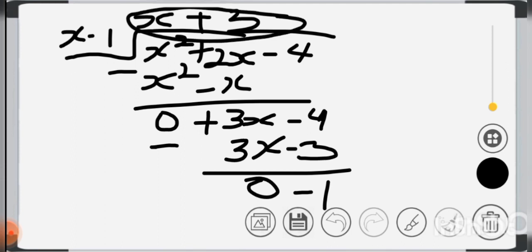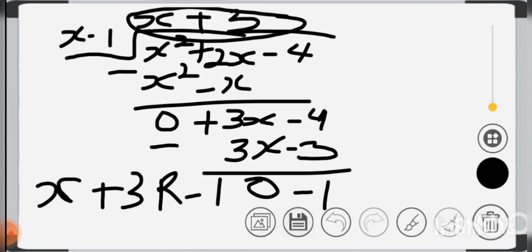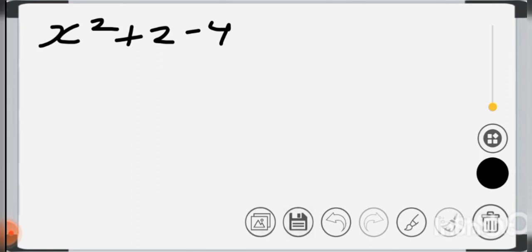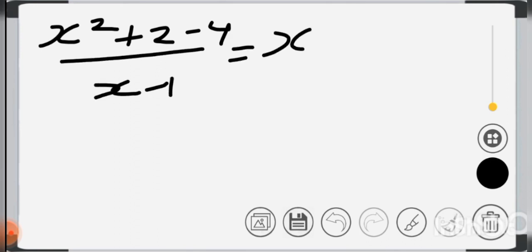So the answer to that question is actually x plus 3, remainder minus 1. That's what will be left. Or you can also write it this way. What we're actually dividing is x squared plus 2x minus 4 by x minus 1. We said the answer will be x plus 3 remainder minus 1.